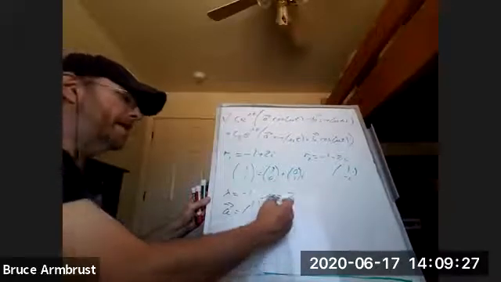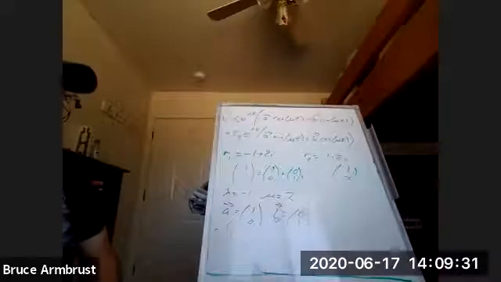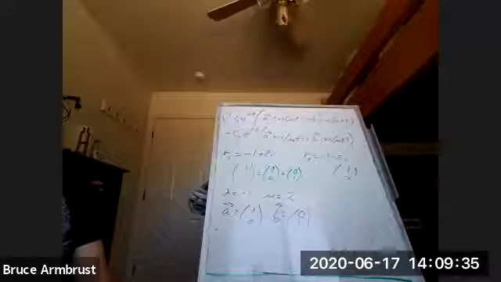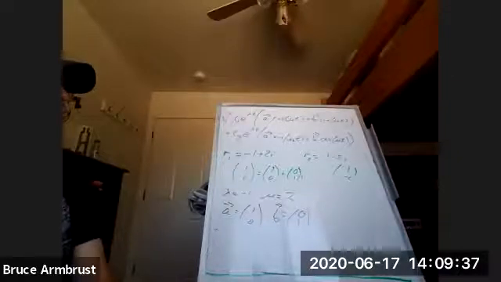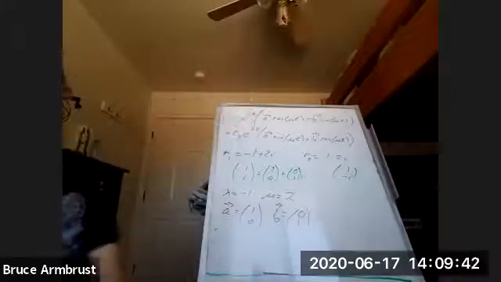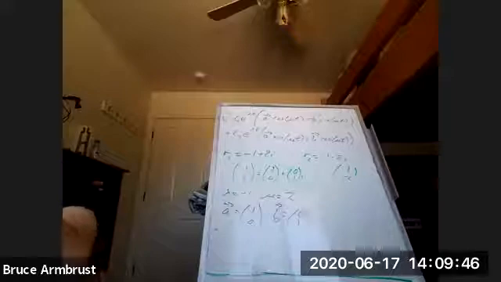And B is 0, 1, because that's the imaginary part of the eigenvector. So that's how you can create all the different things that go into your solution. But that's what it looks like.